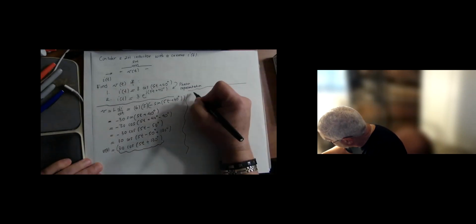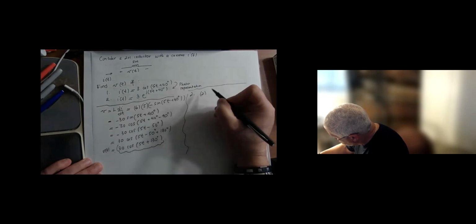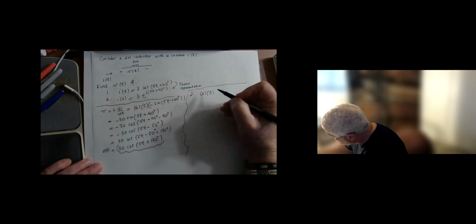Okay, so I'm going to do case number 2 over here. All right, so that's what we got. So let's use this for case number 2. Okay, so v is equal to, again, L di dt. So I get the L, which is 2 Henry, times 3, and essentially the derivative of this. So what do we get here?